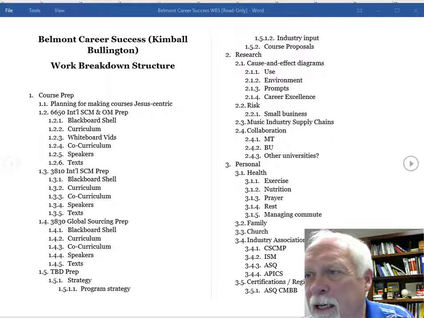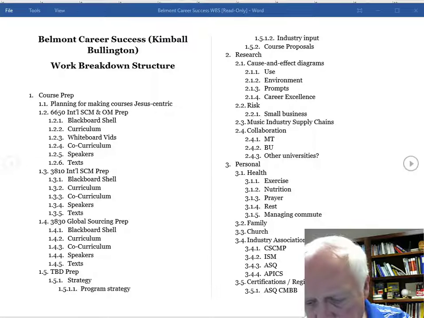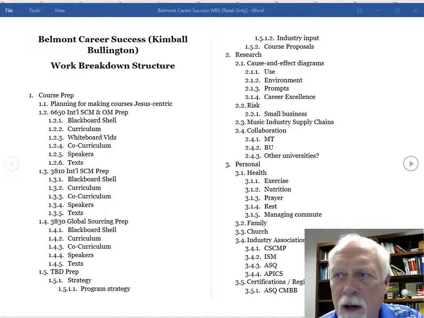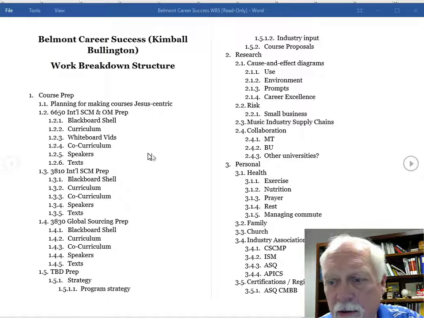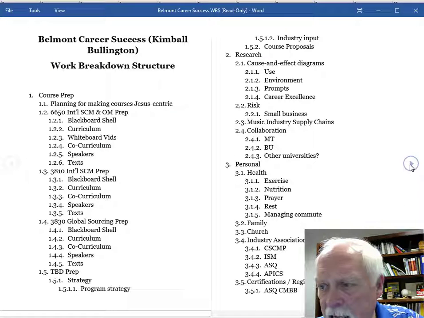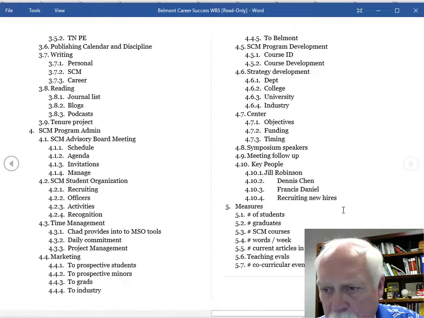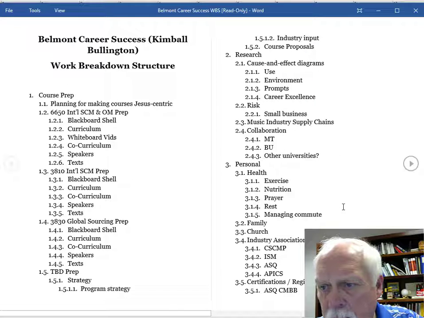It's used in the certified project management professional, CPMP, and so this is the standard. So I did this and created this work breakdown structure, which runs about 2.5 pages of the outline.